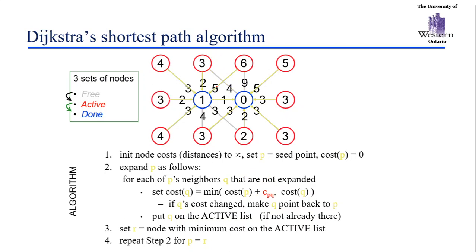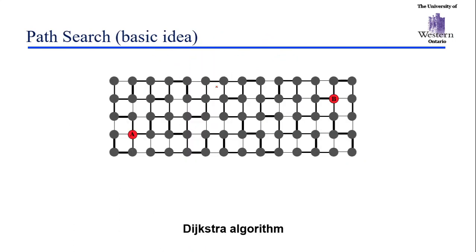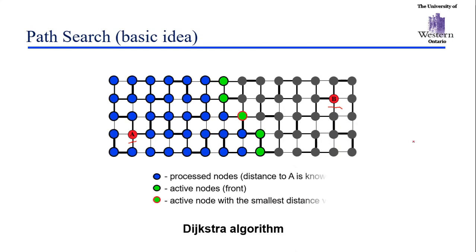Okay, so I'll give you a little bit of time to see whether these are correct. Alright, there you go. Once again, you have the seed and the mouse pointer. From the seed, we keep on expanding, and we have the processed nodes and the active nodes, and the active node with the least cost.